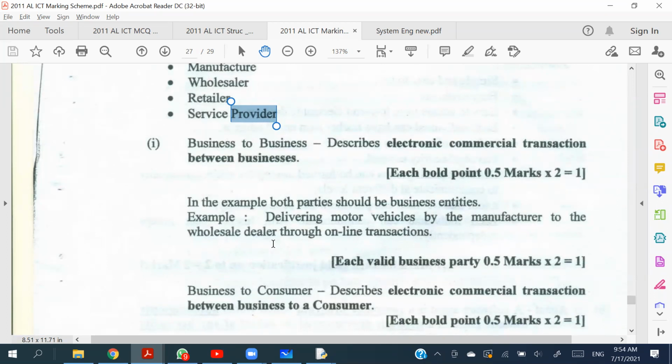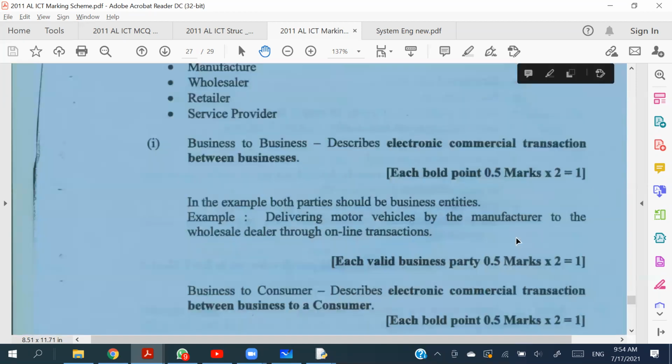When you are giving an example, you should elaborate that there are 2 business parties and the transaction happens online. So it says delivering motor vehicles by the manufacturer, one business party, to the wholesale dealer, the other business party, through online transaction.